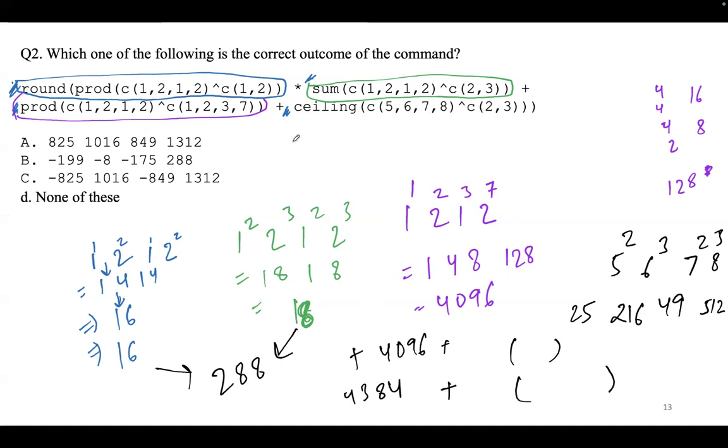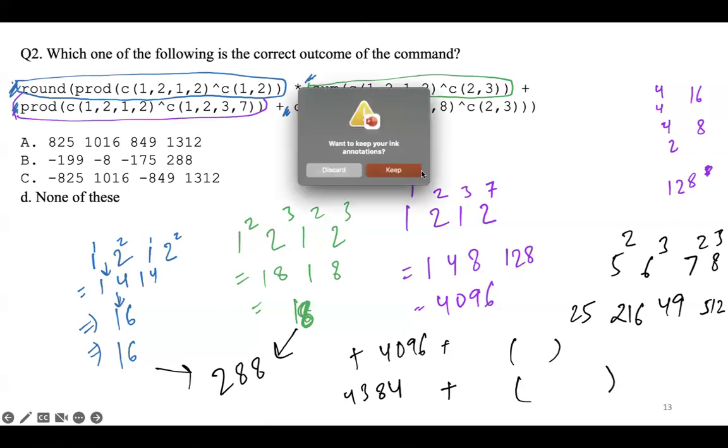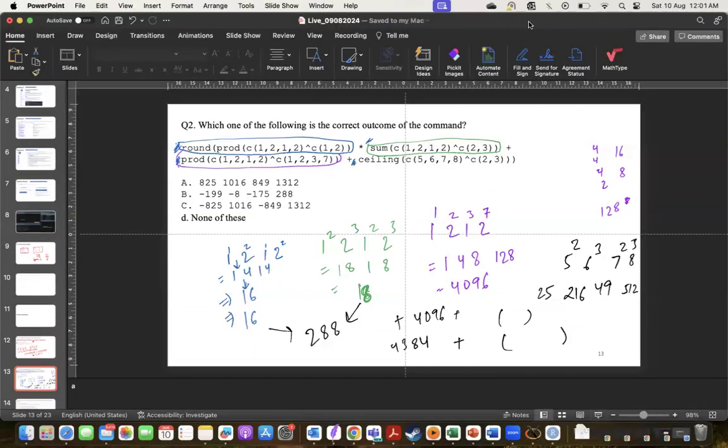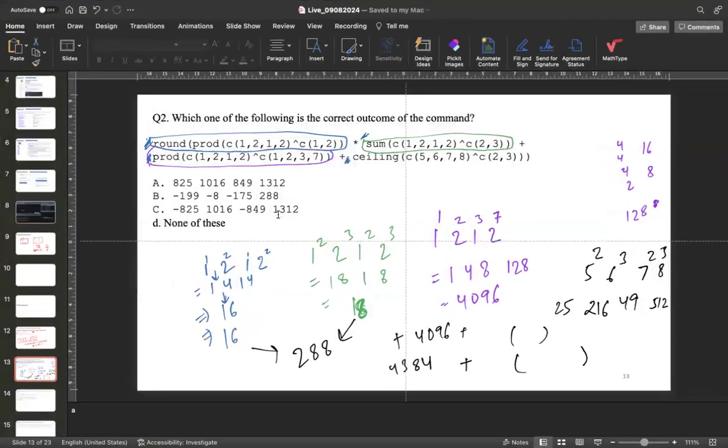I think I might have done something wrong somewhere, because earlier I had calculated and for something else I was getting A as the answer. But okay, what we can do is we can just type it into R and double check if what we are getting is correct, because from what we've solved it should be none of these. But I'm pretty sure the answer is A here.